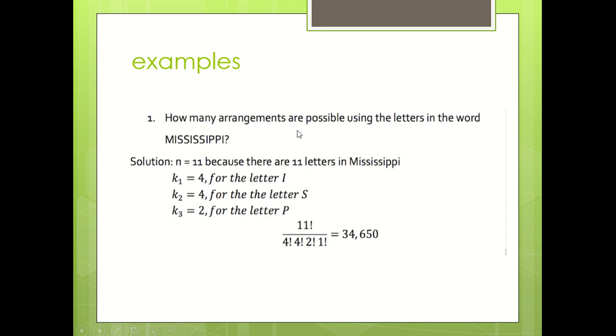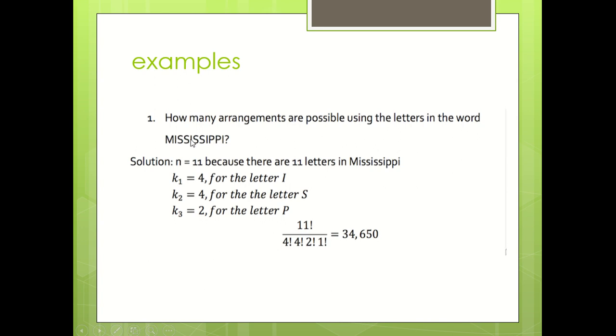So this is a permutation with identical objects. How many arrangements are possible using the letters in the word Mississippi? It is the same as n factorial over k sub 1 factorial, k sub 2 factorial, and so on and so forth. You may represent the denominator as k here, so that it will be different from the n, where n is the total number of letters in the given word.